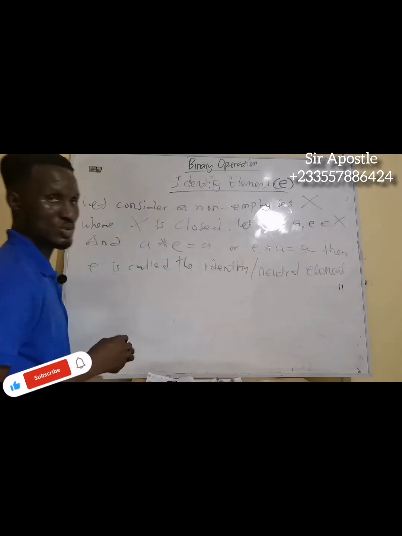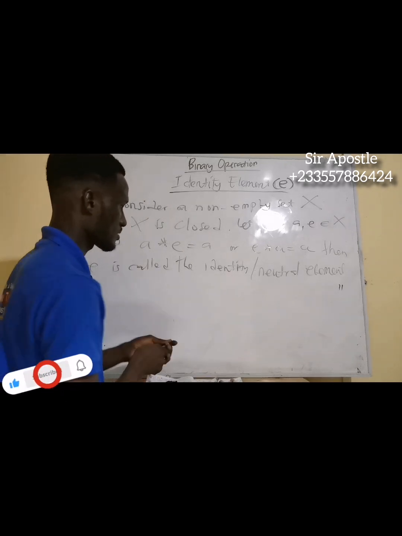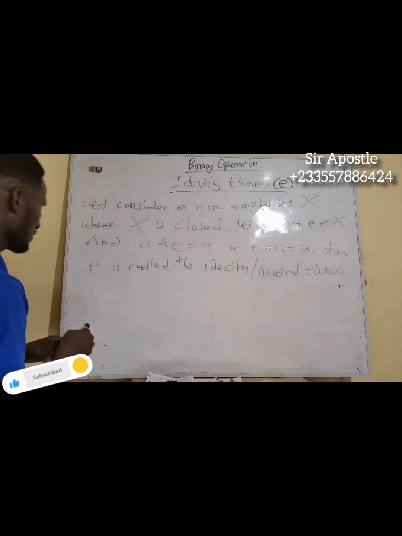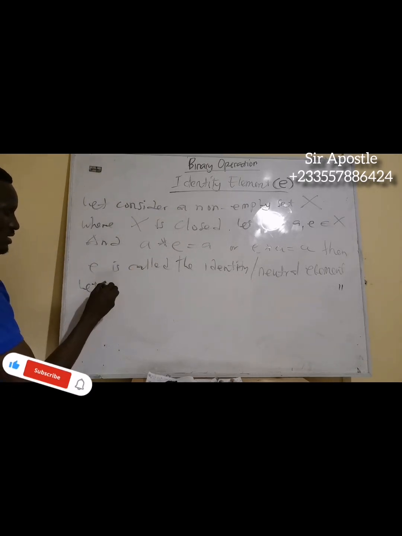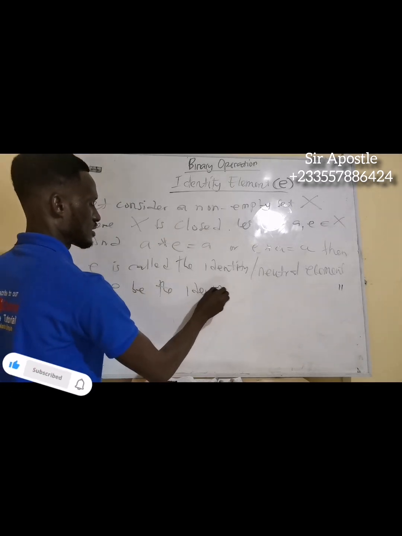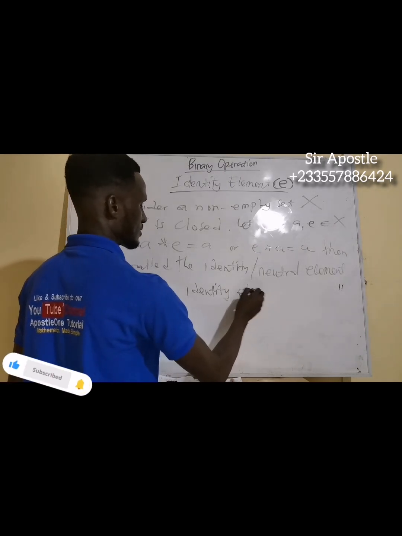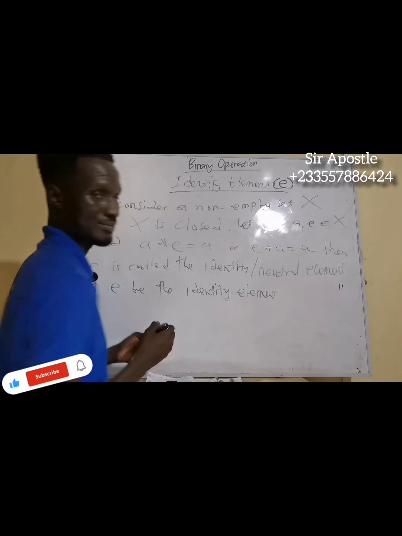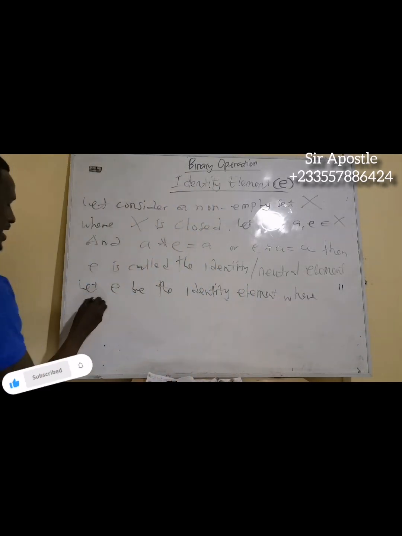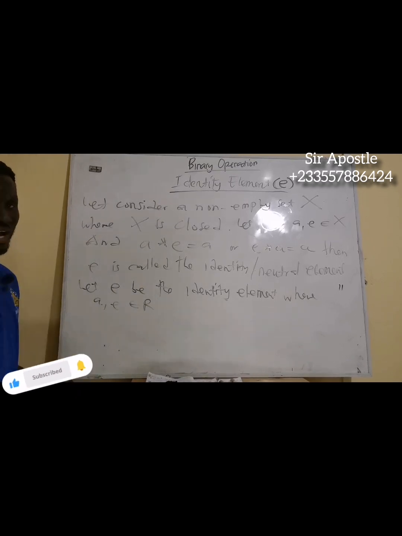I can also combine them. Let me define this in terms of real numbers. Let E be the identity element, where A and E, all of them, belong to R. What is R?